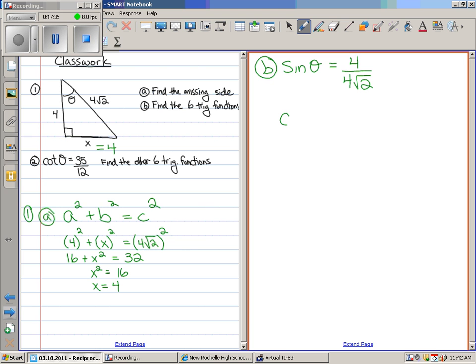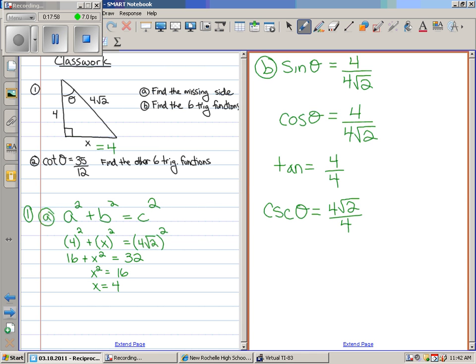The cosine of theta, how much is it? How much is the tan of theta? Yep. How much is the cosecant? It's 4 rad 2 over 4.